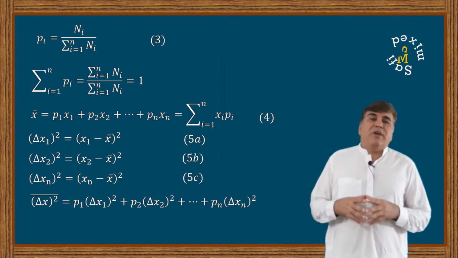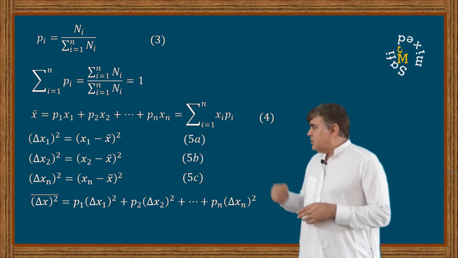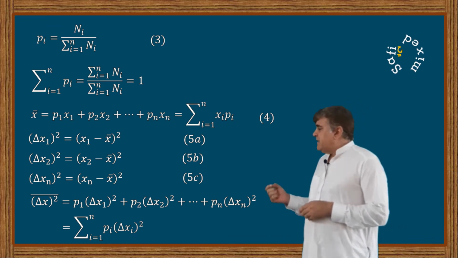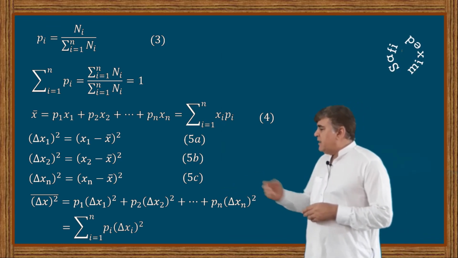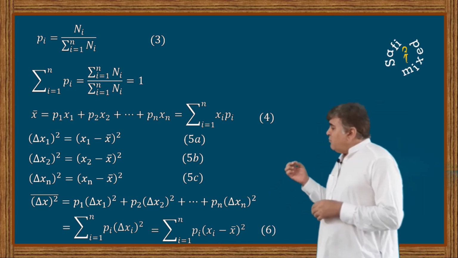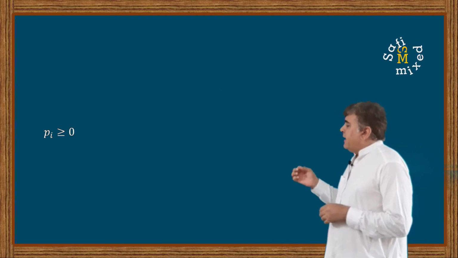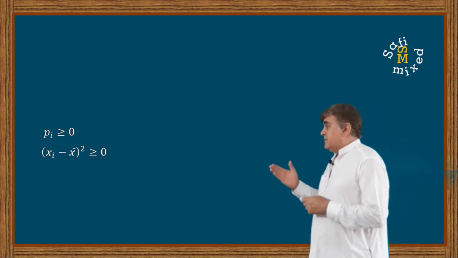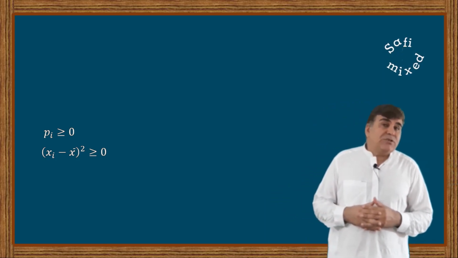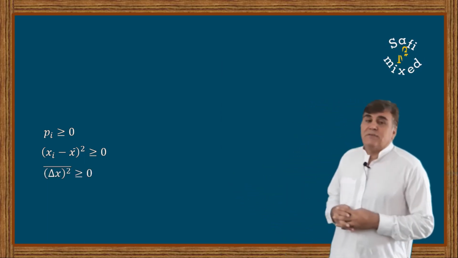And obviously this equation can be written in a very abstract form through this one summation, or substituting the value of delta xi, we can put it finally into this form. Since every pi is greater or equal to 0 and xi minus x bar whole square is greater or equal to 0, therefore delta x bar whole square is also greater or equal to 0.